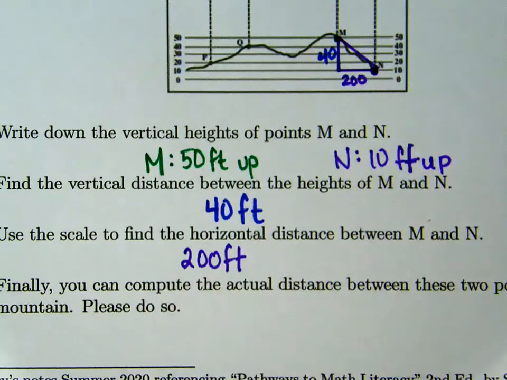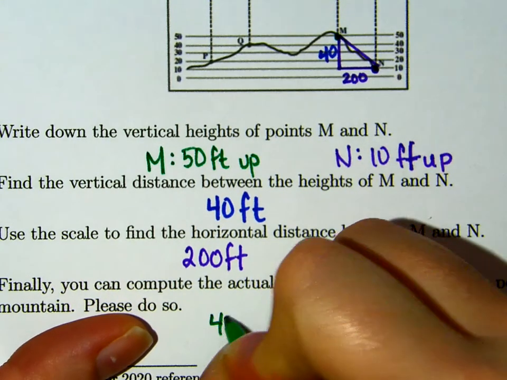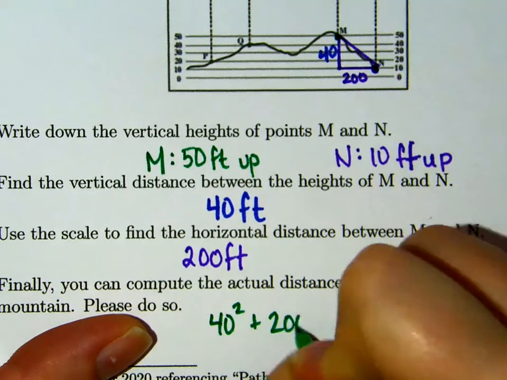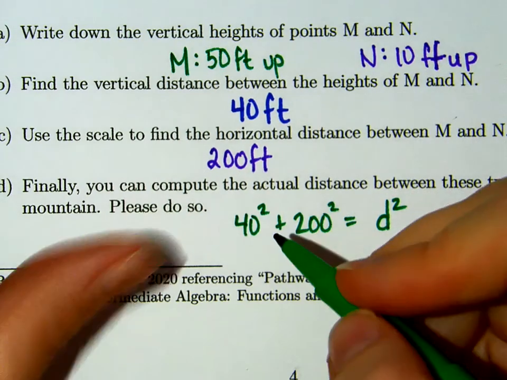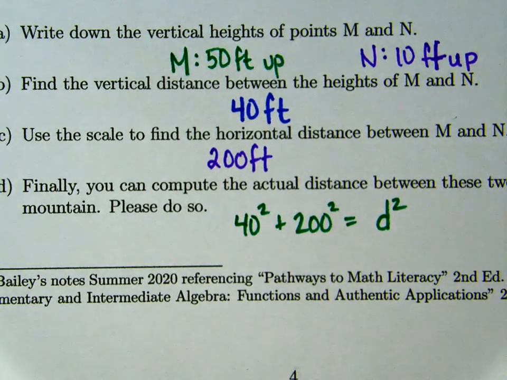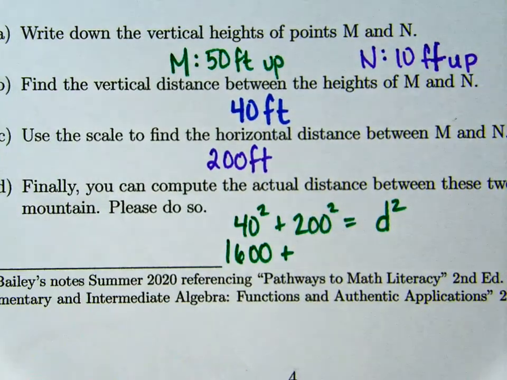Well, we've done it several times now. So let's see. We've got the two legs. So 40 squared plus 200 squared equals D squared. 40 squared, was that 1600? Yes. And 200 squared, 200 200s.